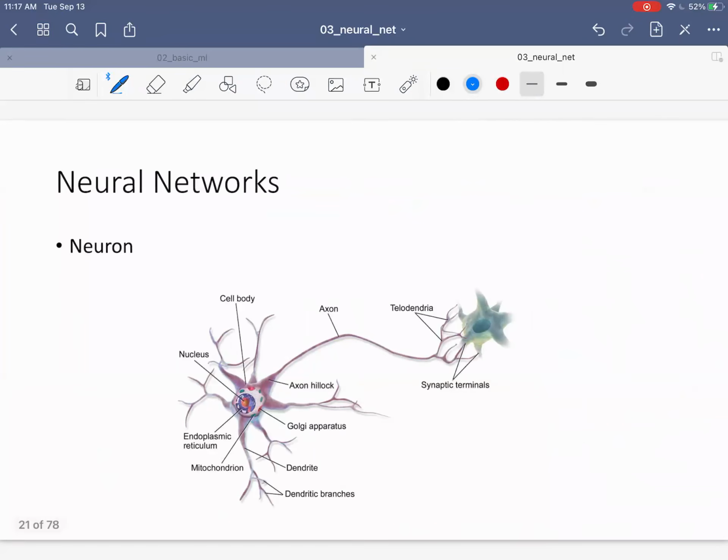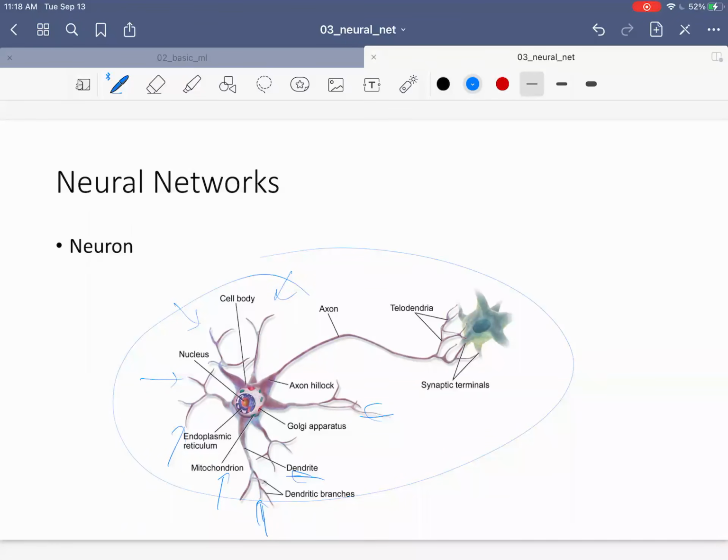All right, we're going to move on to neural networks. Neural networks are models that consist of neurons. This is an actual neuron in your brain, or actually not just your brain, anywhere in your body. Neurons gather electrical energy from surrounding neurons, electric signals coming from all the neighboring neurons.